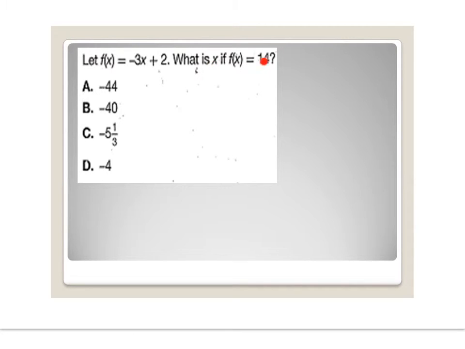So that means this 14 goes in place of the f of x here, because this is what that piece equals. So 14 is going in and replacing that chunk there. So I have 14 equals negative 3x plus 2, and then we're going to work through and solve this equation.